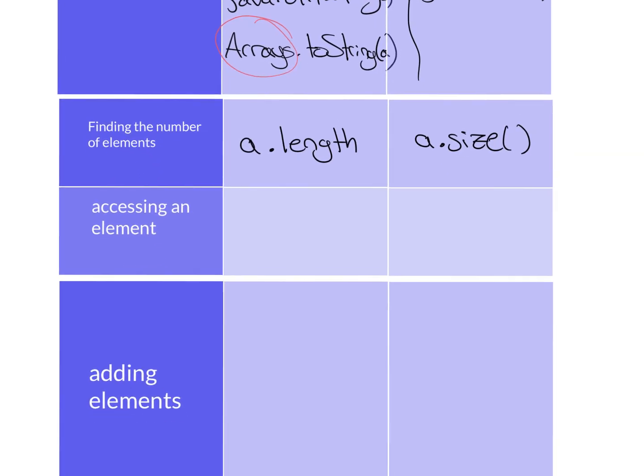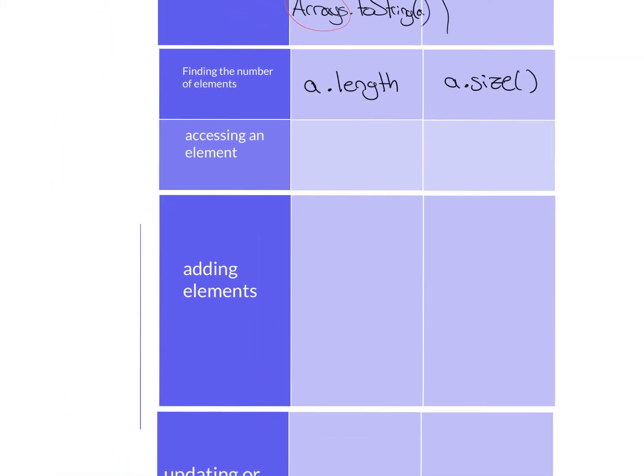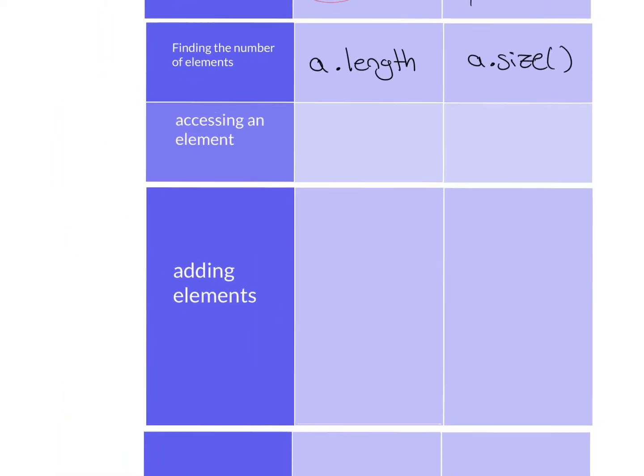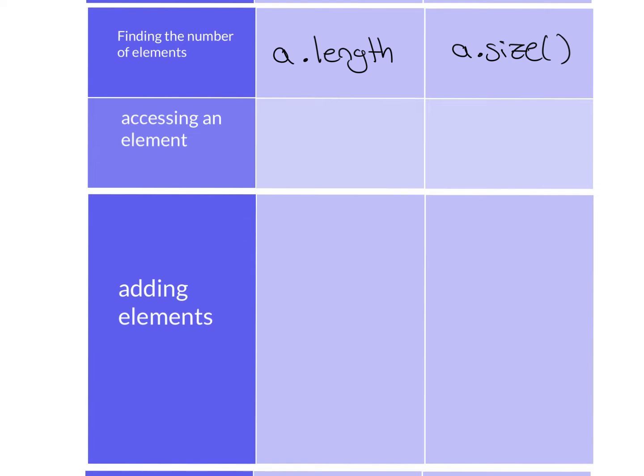The next thing we're going to look at is accessing a specific element, an element at a given index. In the case of an array, we're going to do A[index]. And in the case of an ArrayList, we're going to do A.get(index).